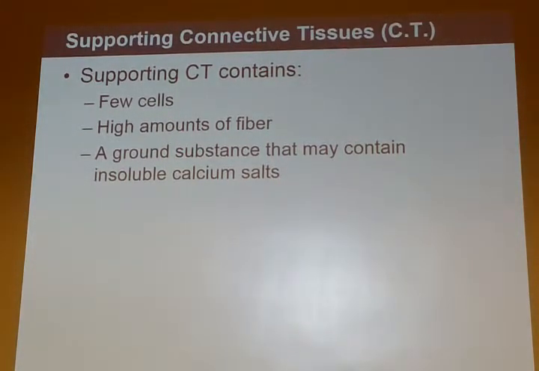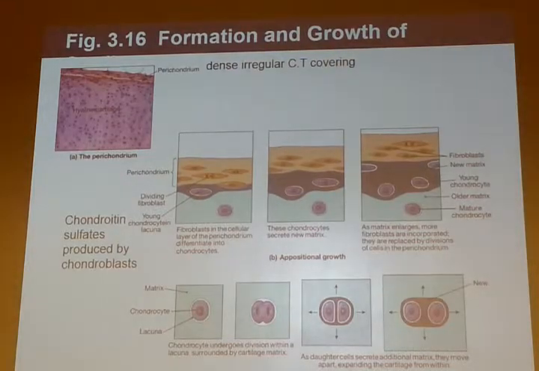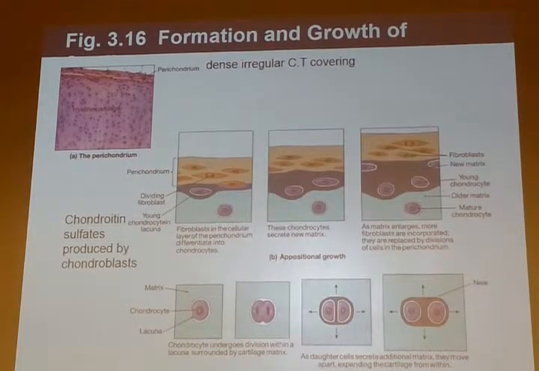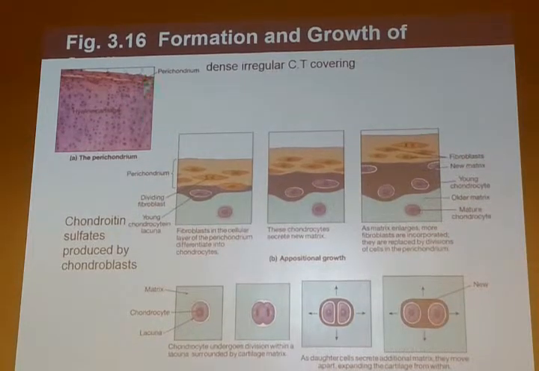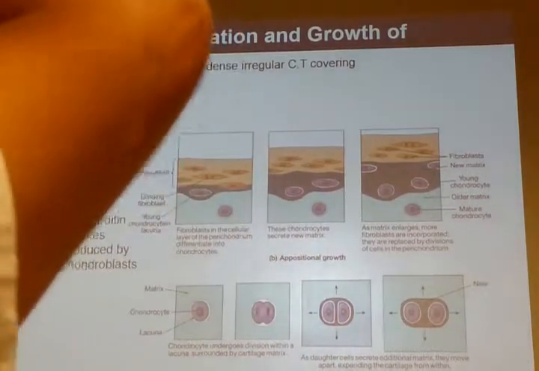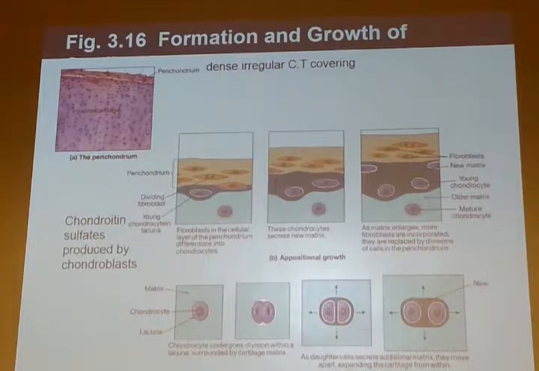The bones and cartilage have fewer cells, a lot more fibers, and then various kinds of ground substance put around those fibers. So in cartilage, you have cartilage cells all lined up in a row. You've got perichondrium.